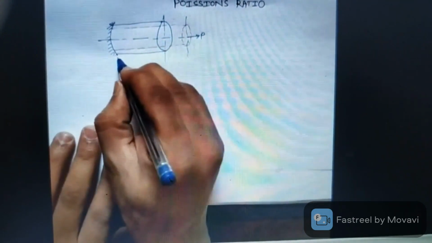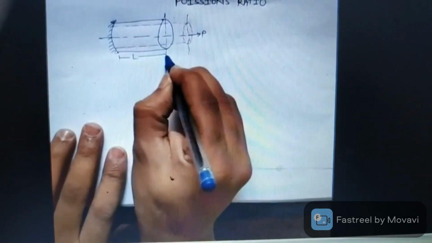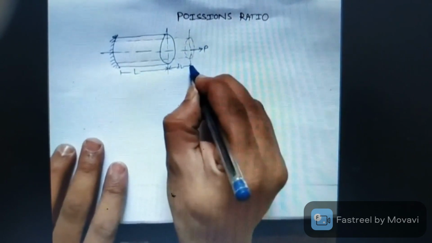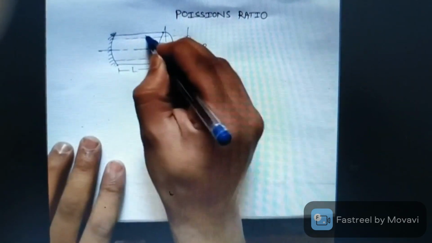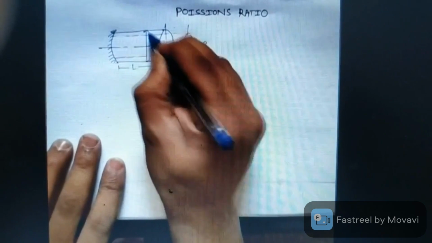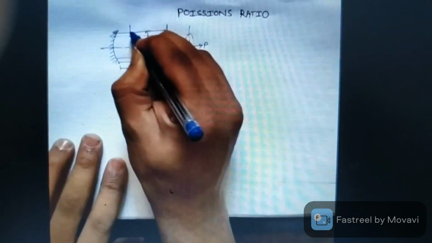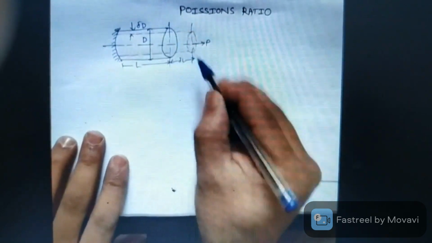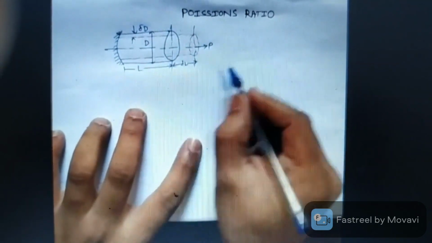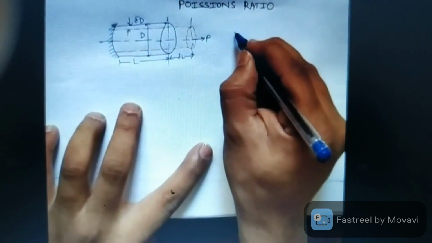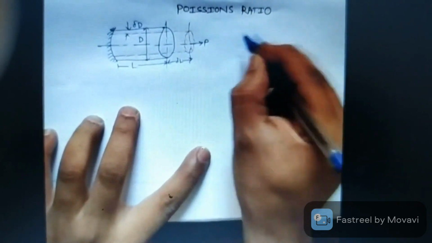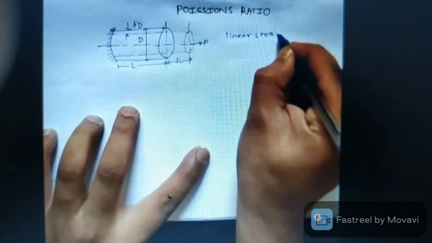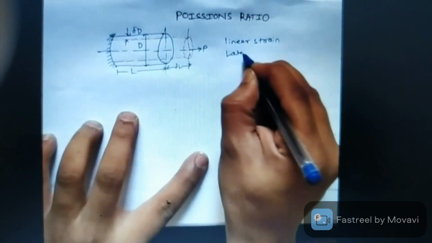Let's consider L as the original length of the bar, and this is the change in length after application of load. This is the original diameter D, and this is the change in diameter after elongation, delta D. So here there are two types of strain: the linear strain, and then the lateral strain.